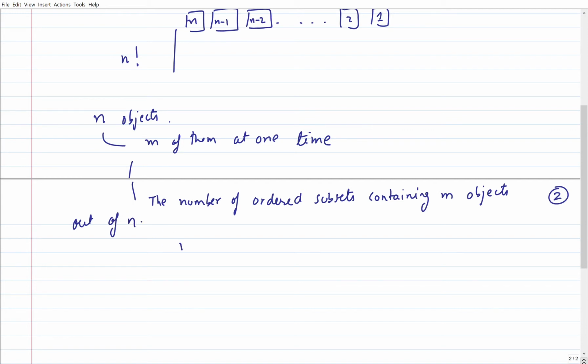By the same reasoning, the first slot I'll have n options, the second slot I'll have n minus 1 options, so on and so forth till n minus m plus 1 options I'll have.